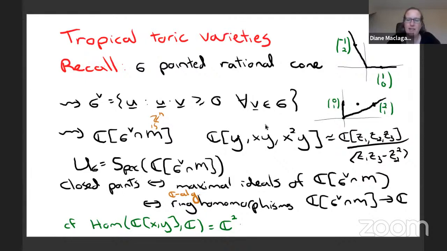I'm just using the vectors to give me the exponent for X and the exponent for Y. Okay, and you have to check that every other lattice point in this cone, the corresponding monomial is a product of these. So for example, (0, 2) turns into Y squared, which is just this generator Y squared. And you can check that this is actually isomorphic, as a ring, to C adjoin Z1, Z2, Z3 mod the ideal generated by Z1 Z3 minus Z2 squared.